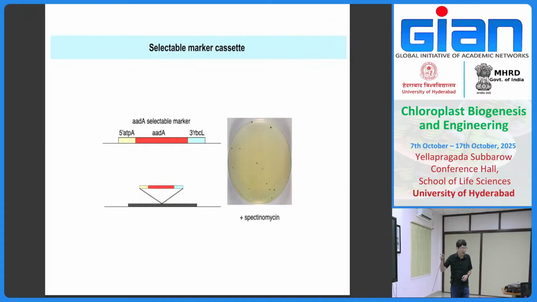This is the first example of heterologous, foreign gene expression in the chloroplast, and it worked.